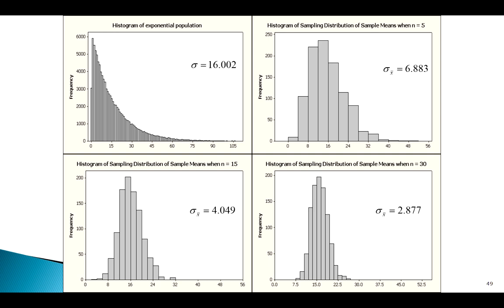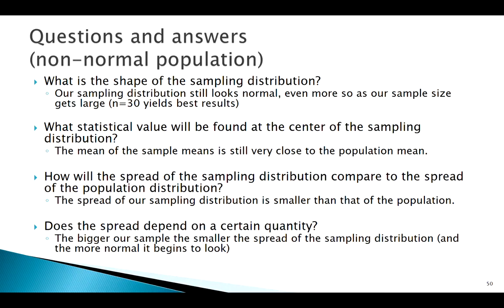Right, so we saw some similar patterns. One of the similar patterns that we see is n is going up. What's happening to my standard error here? Yep, looks like it's still going down. All right, but we really see something about the normality.